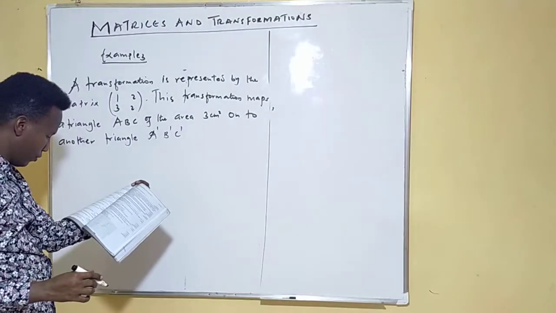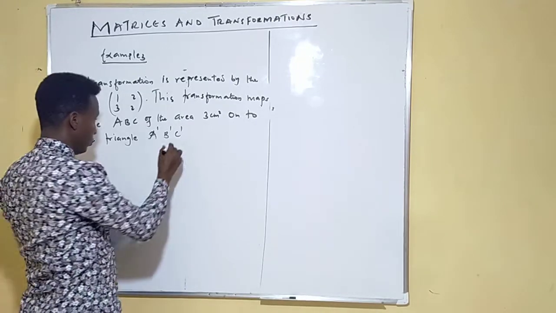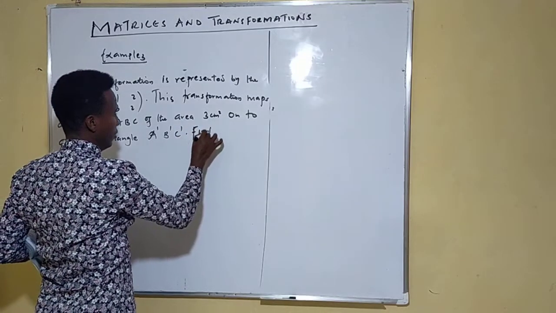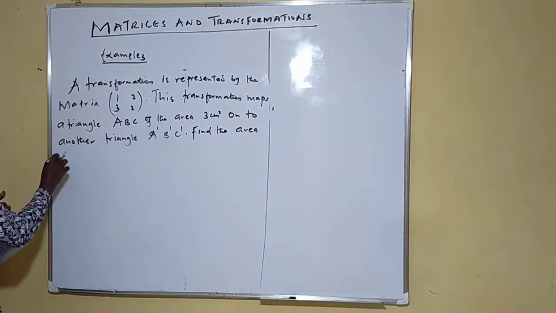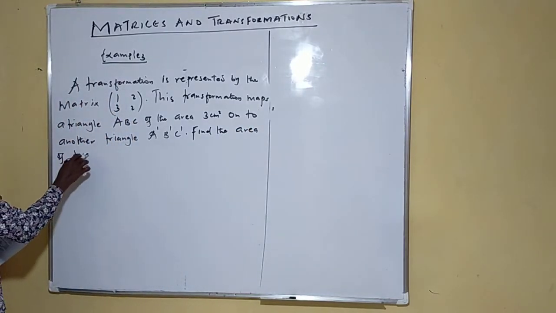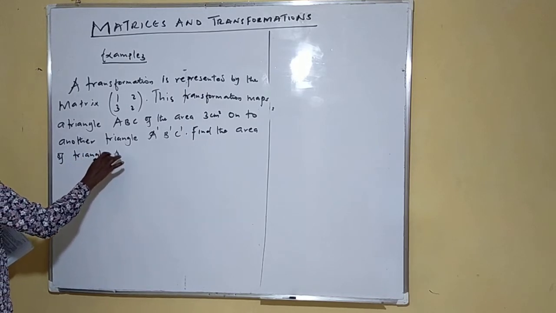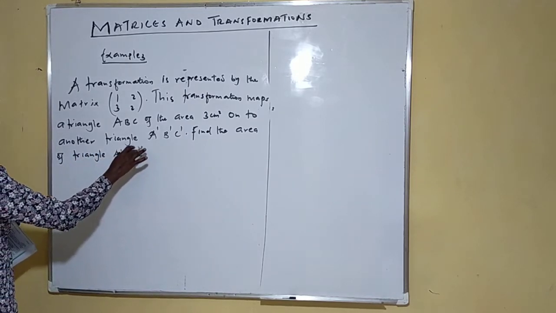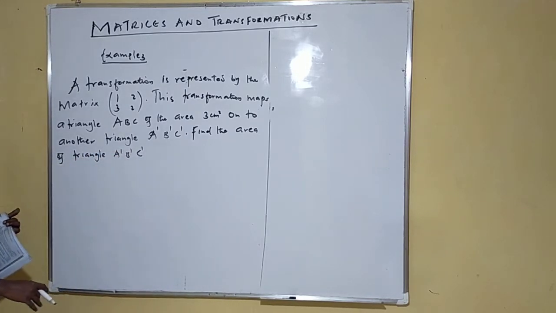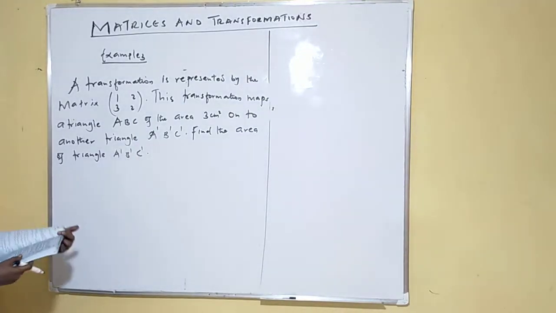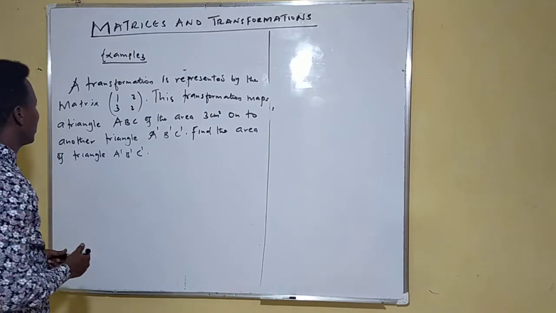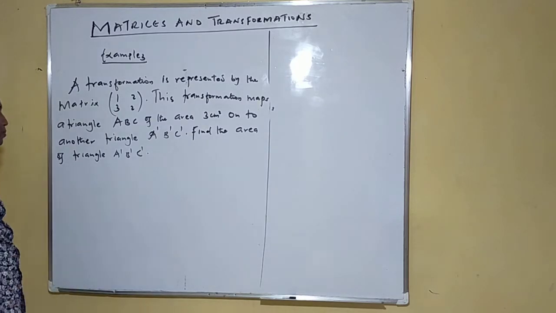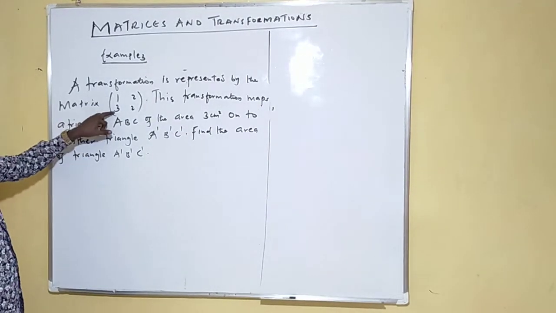Find the area of triangle A prime, B prime, C prime. Now let's go to the question and understand. You're told a transformation is represented by the matrix 1, 3, 2, 2.